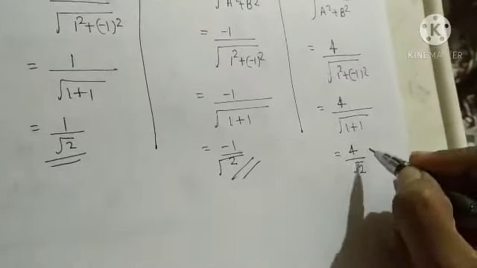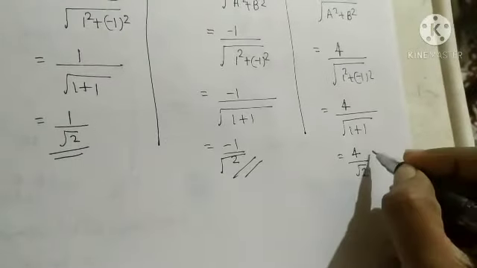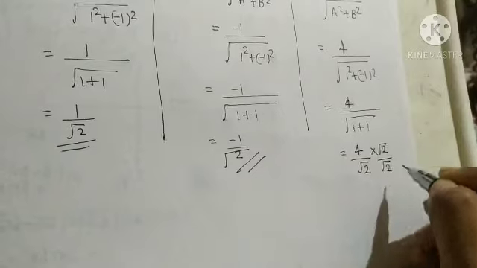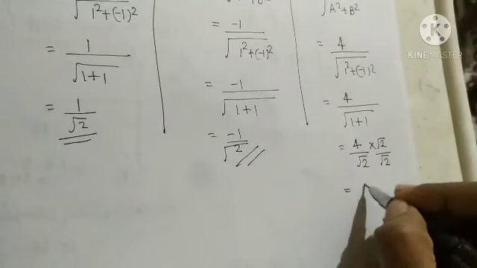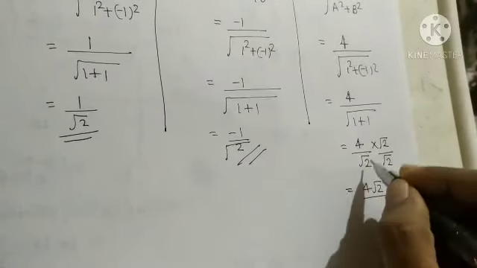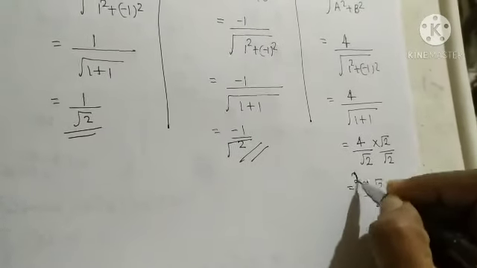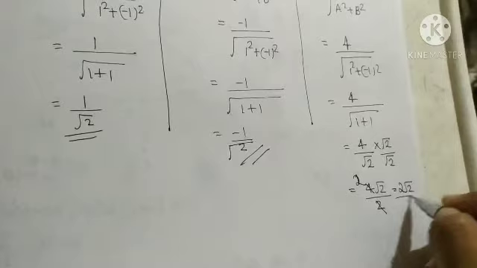So here I am going to rationalize this. For that I am going to multiply and divide by root 2, and we get 4 root 2 by root 2 into root 2, which will become 2. Cancelling this 2 and 4, we get 2 root 2 as the value of the perpendicular distance, that is p.